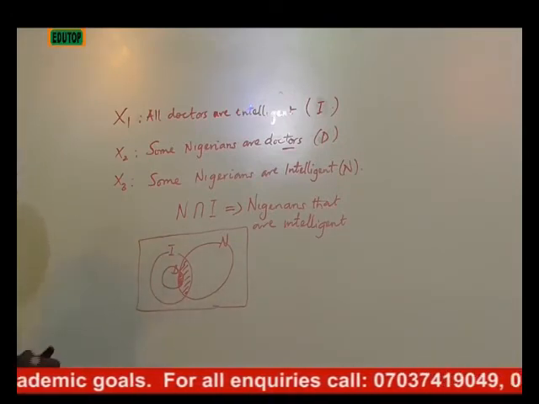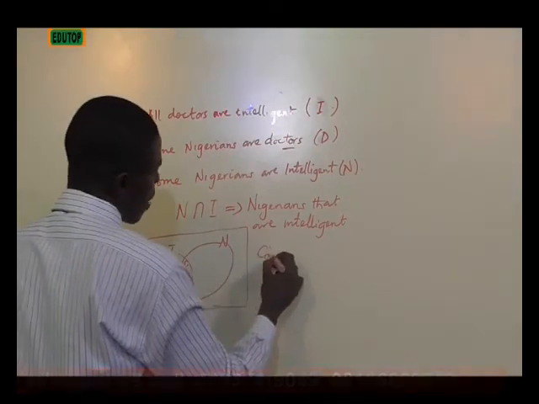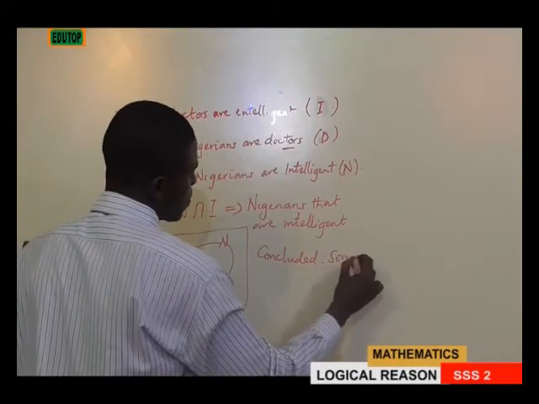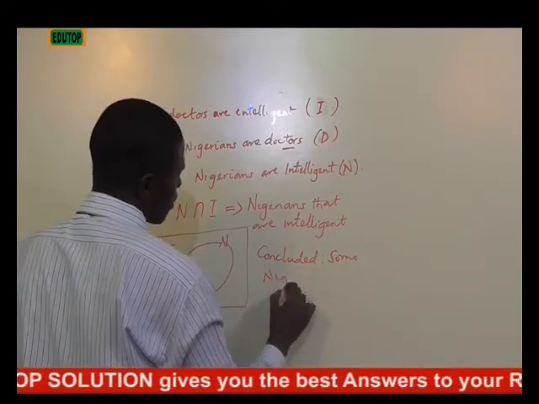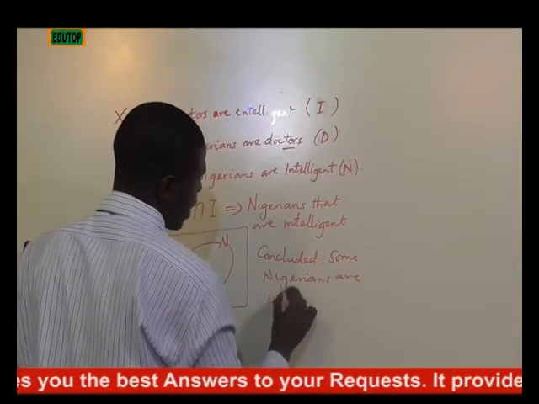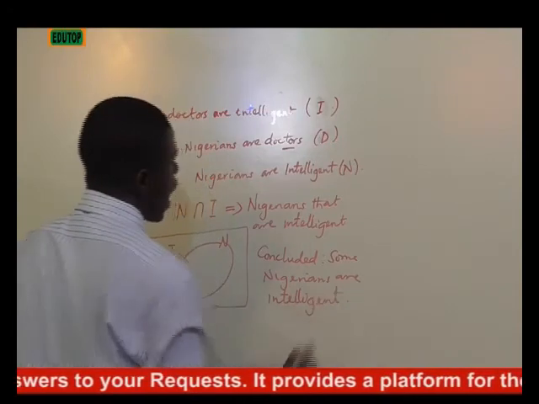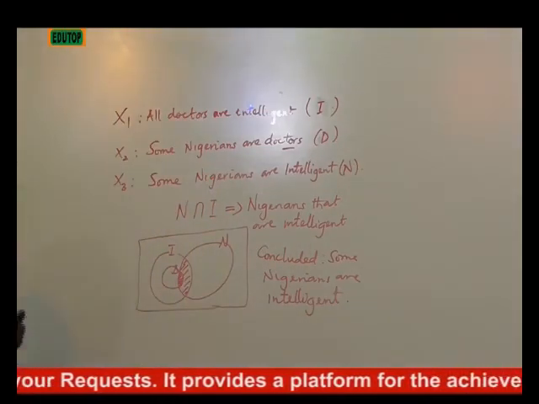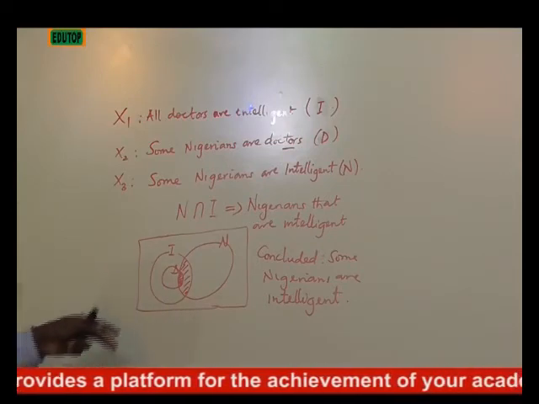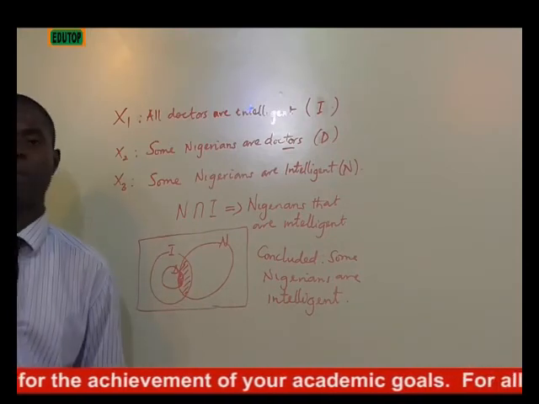It can be concluded from this Venn diagram that some Nigerians are intelligent. Therefore, the argument is valid.